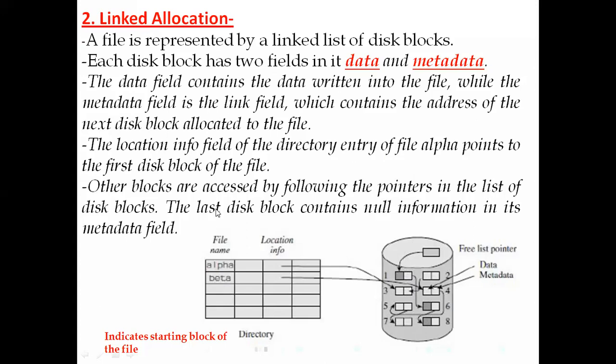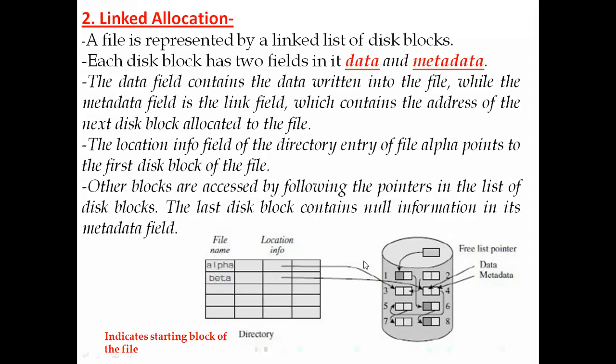The last disk block always contains null information in its metadata field. If we have a dash, a null or a minus sign in the metadata field, that indicates that it is the end of the file.